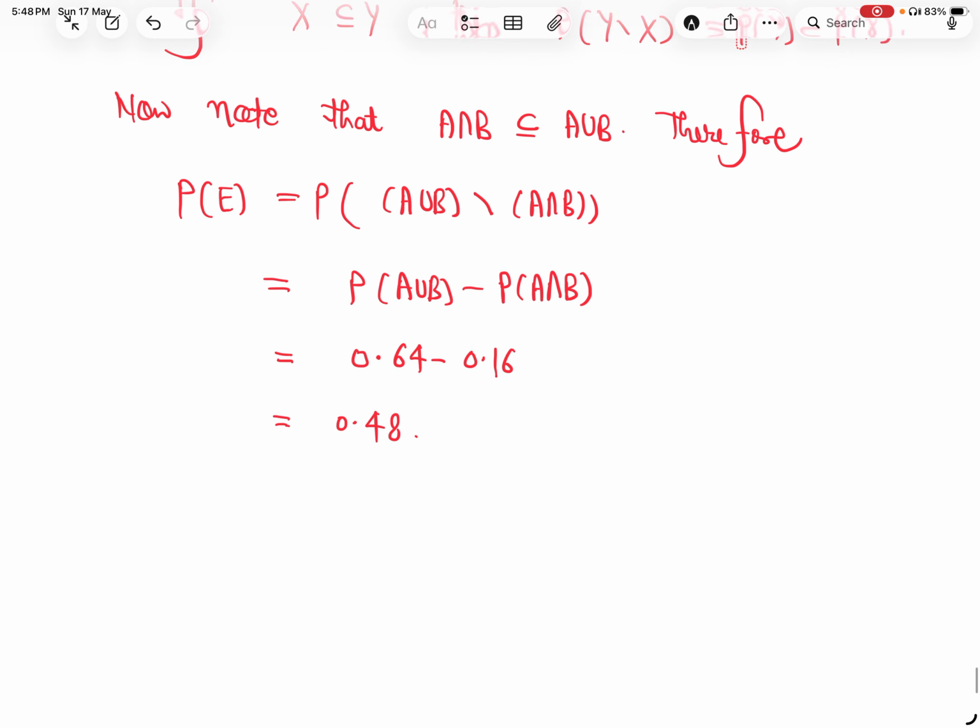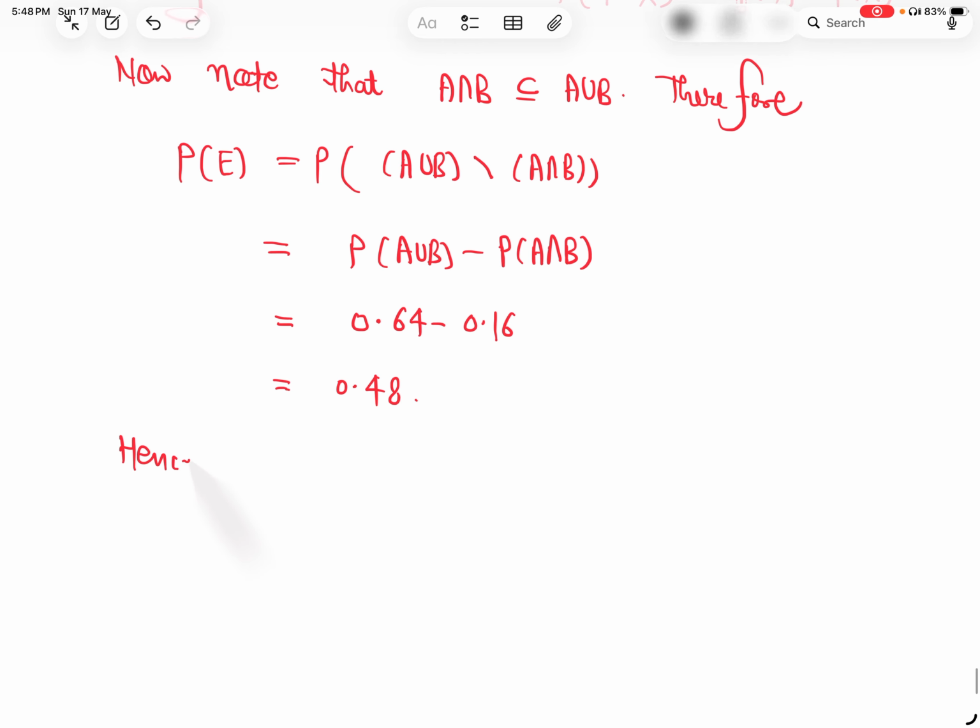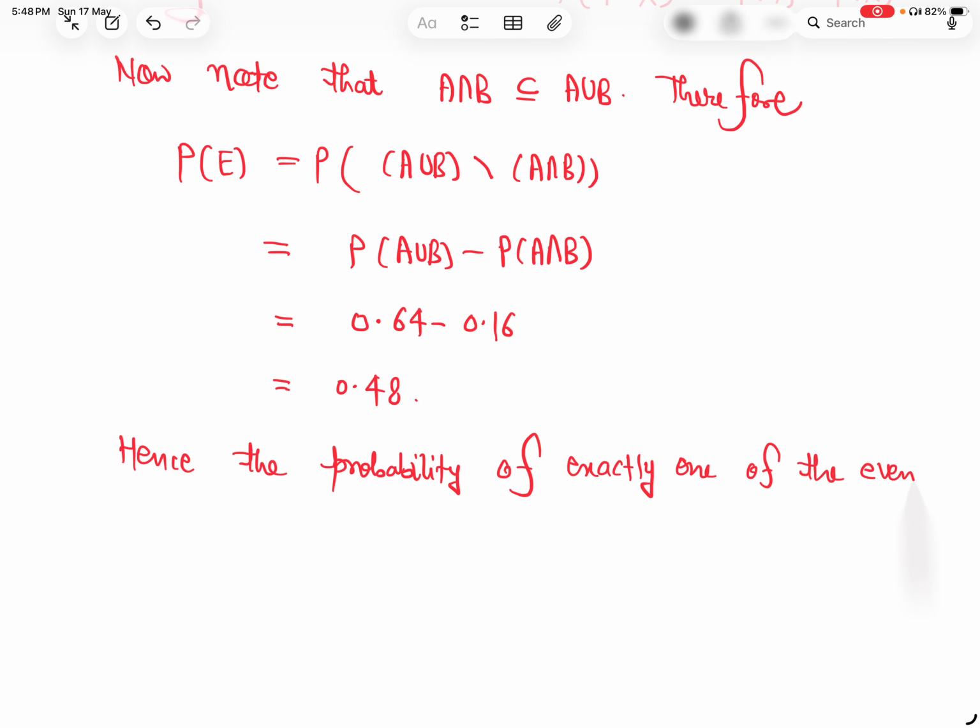Hence, the probability that exactly one of the events A and B occurs is 0.48.